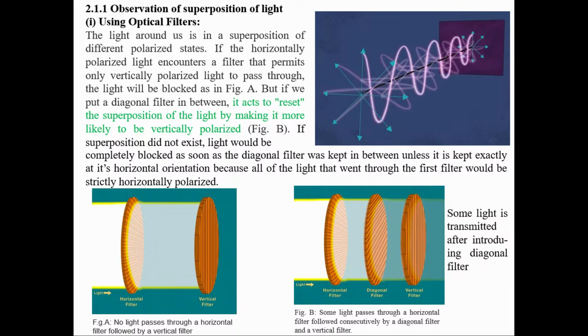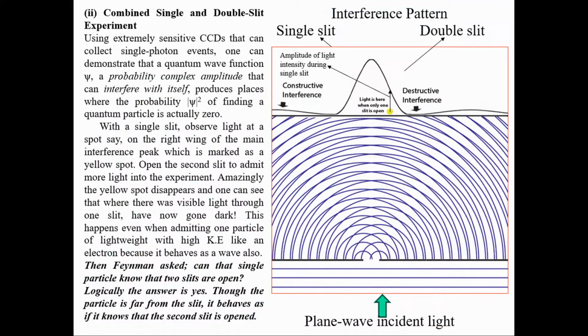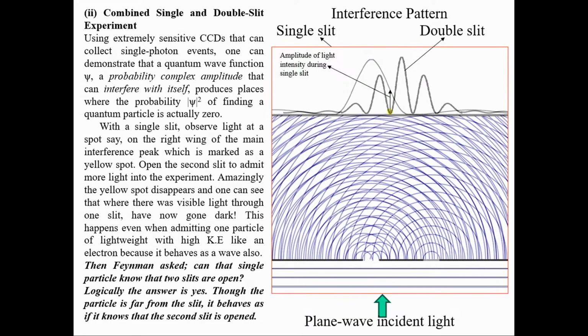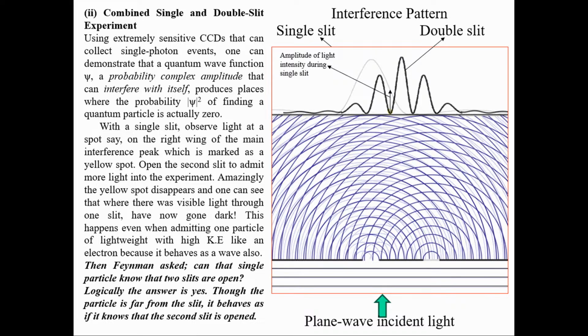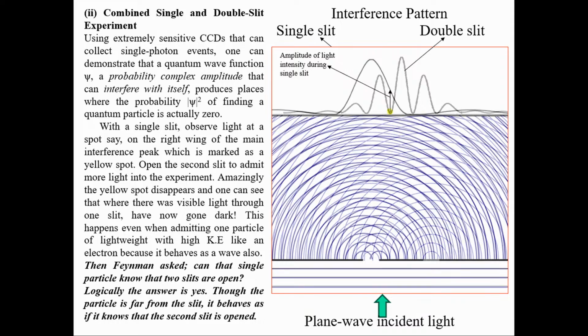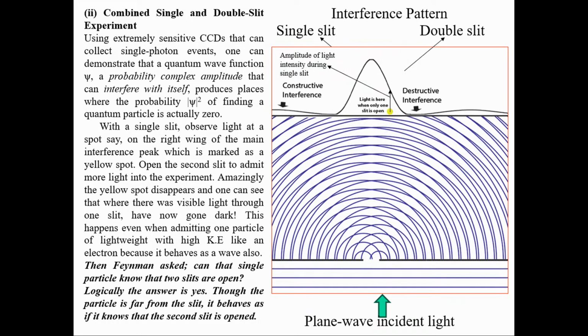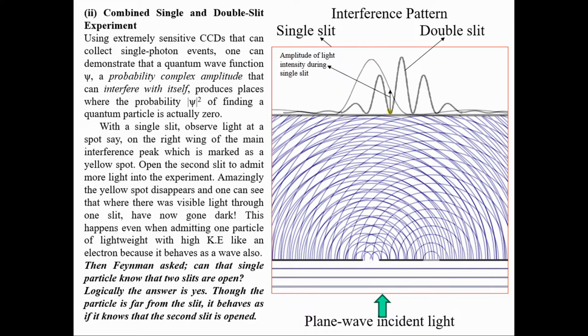We are unable to see it in the normal way, but you can see this superposition. Another very good example: there is a single slit here, and for that single slit, this is the interference distribution, the bigger one. Along these paths of constructive interference, you have a good intensity.